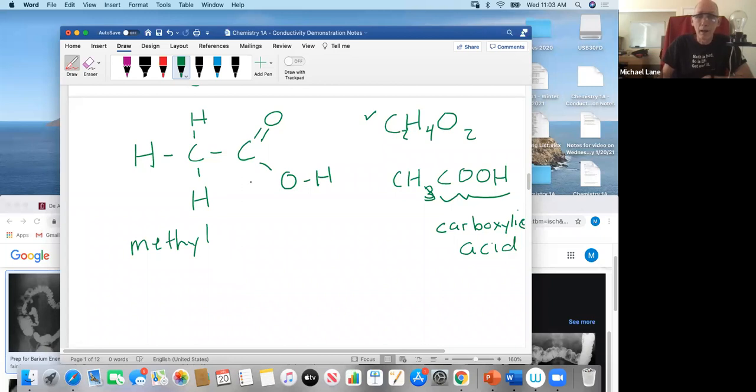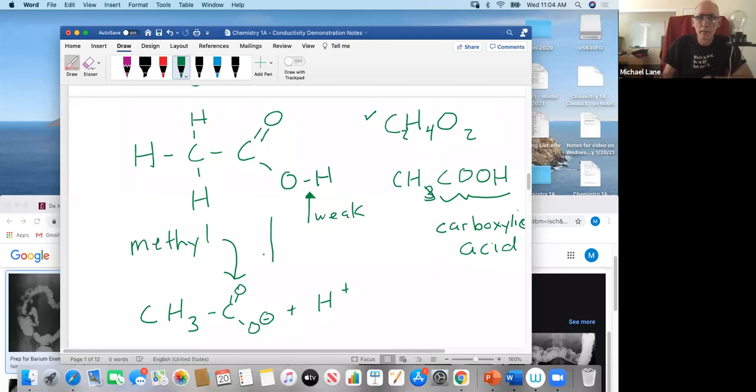Now, because this bond right there is a little bit weak, it's not a particularly strong bond, this molecule will dissociate slightly, giving this piece plus this.